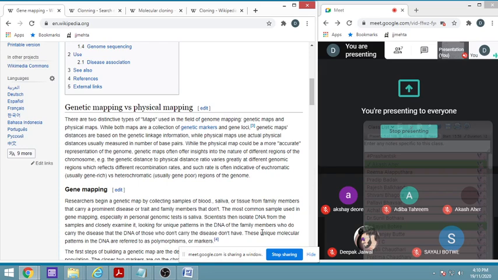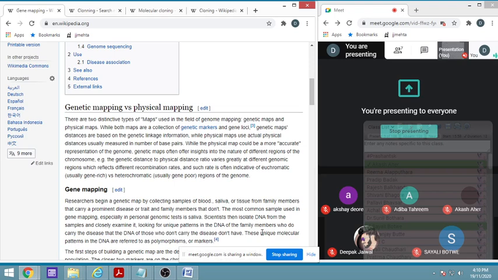Genetic maps often offer insight into the nature of different regions. For example, the distance may show how far away a particular gene or codons for a particular enzyme or structure are.